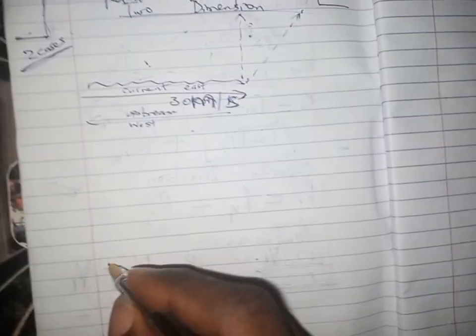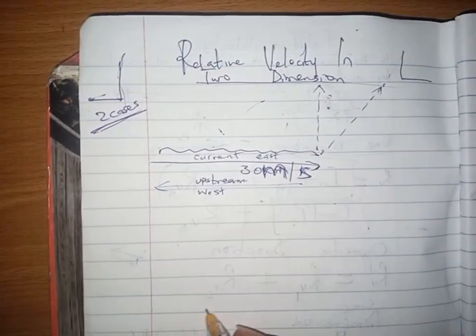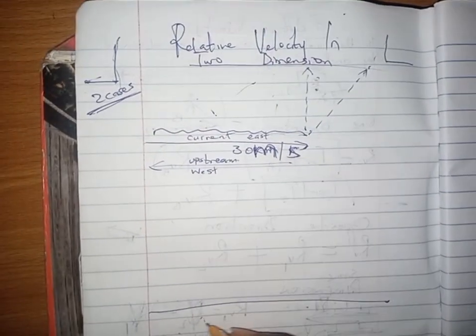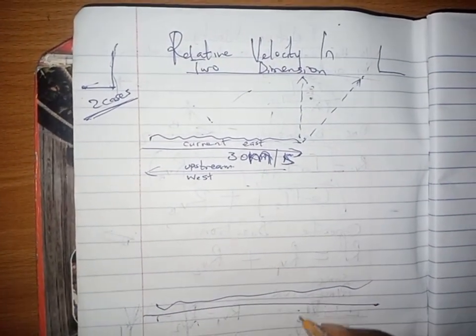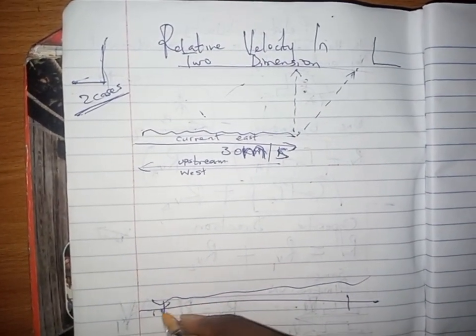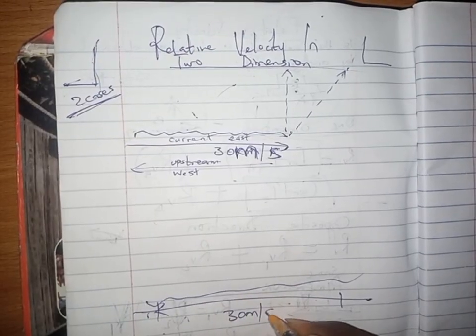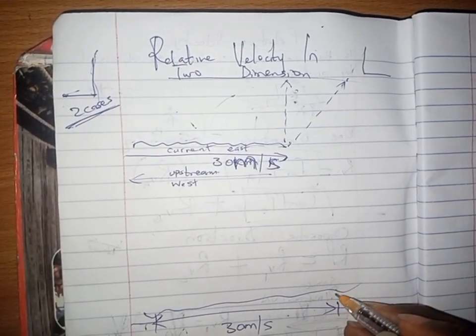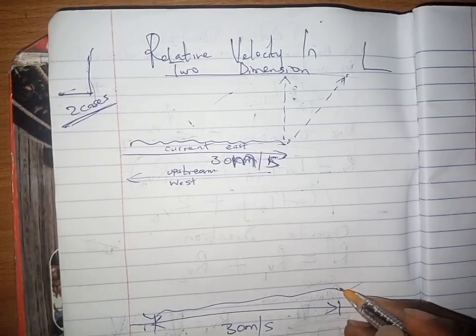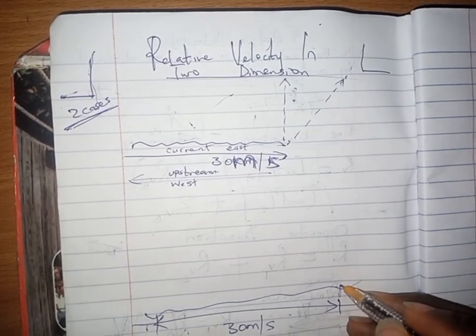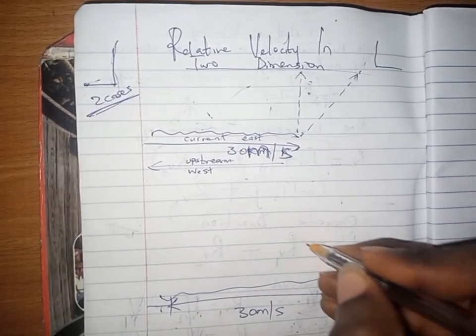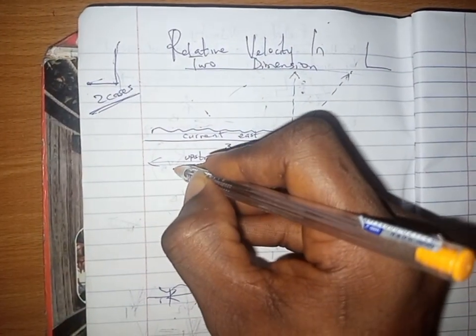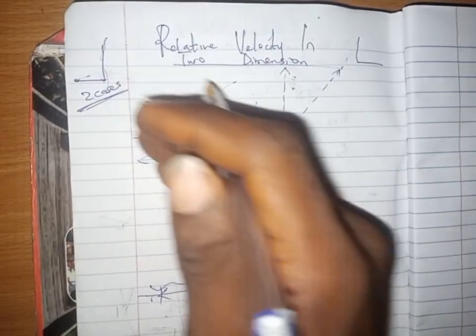What this means is that if you are applying upstream, since the river is flowing this way at 30 meter per second, he will have to set out his boat in such a way that he's going towards north of the west, sorry.